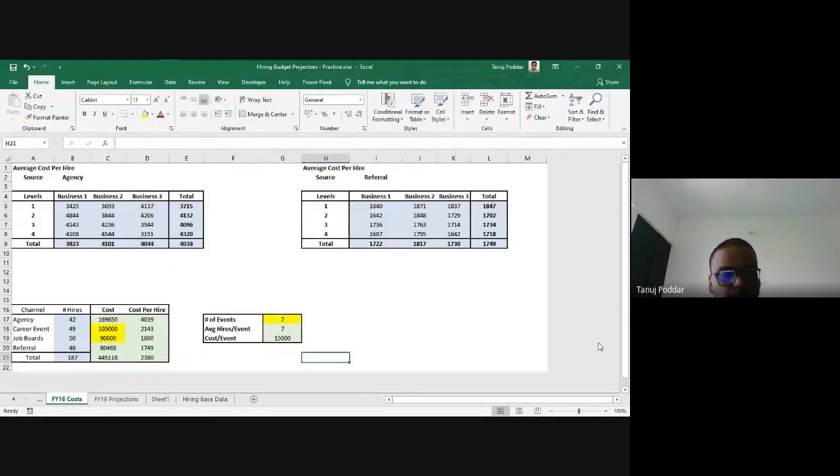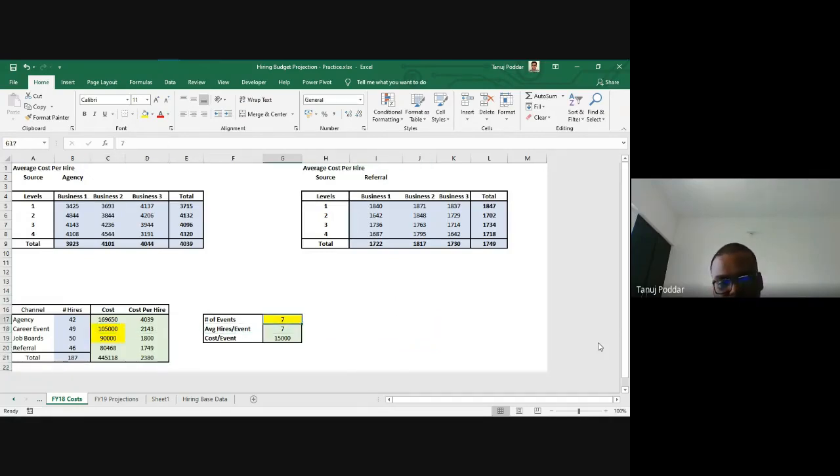Now, just one more thing that we capture here is the number of events. Say I spent 1,05,000, and say I had a certain number of events listed down, and some associated cost with that, which totals up to 1,05,000.